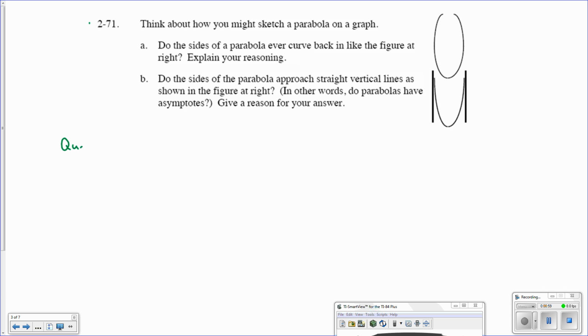If we have a quadratic function, we know that for every input, there is exactly one output. So what that means is for every value where we can input an x, there is only one y value that we can get out.